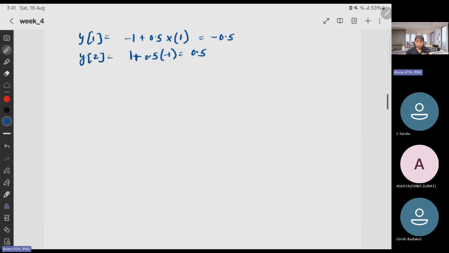So consider a DFE with one feedback tap, b1 equal to 0.5, and a feed forward gain of 1.